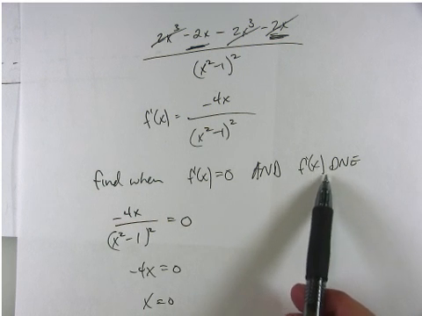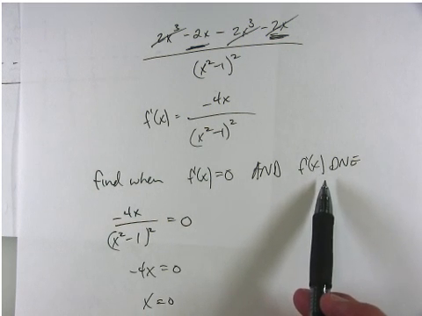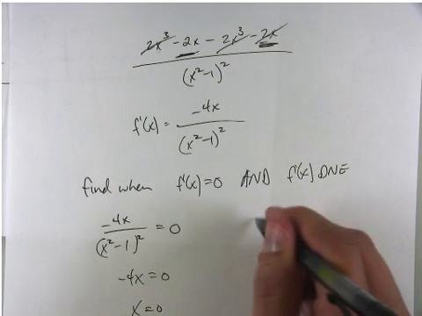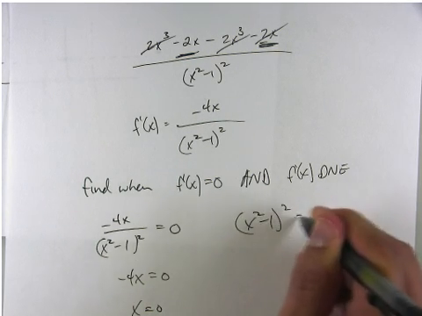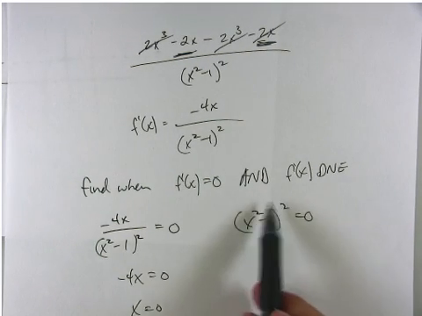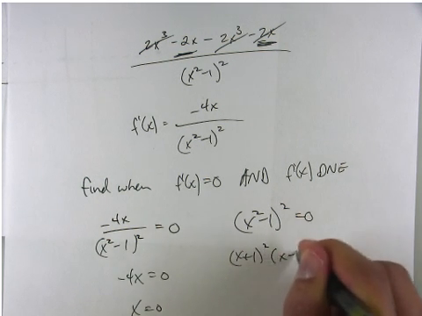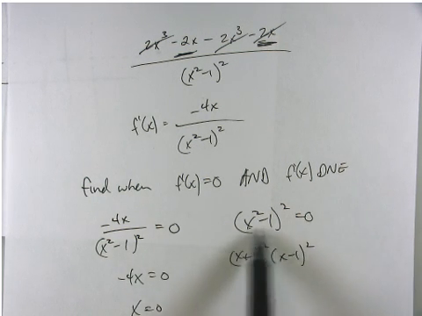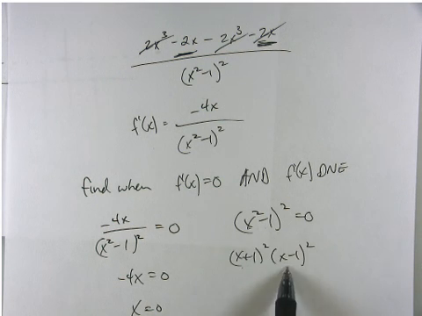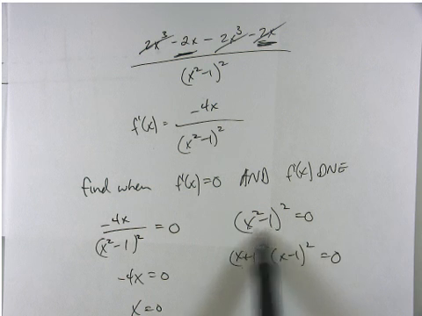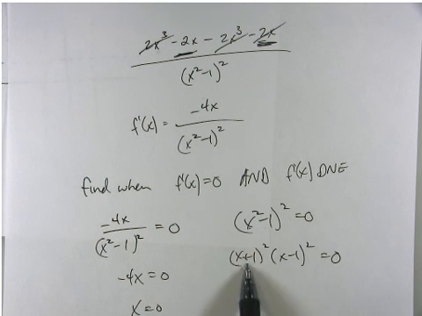Why would this not exist? Division by 0. So x squared minus 1, squared, equals 0. This factors well enough. I knew how to factor x squared minus 1 before. It's x plus 1, x minus 1. So x plus 1, x minus 1, squared is x plus 1 squared, x minus 1 squared.